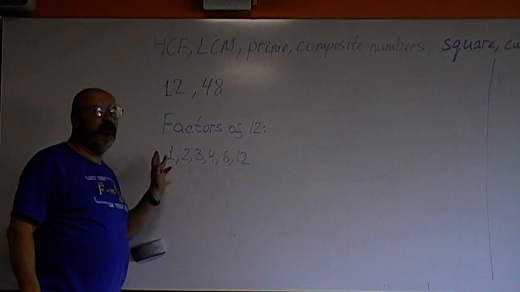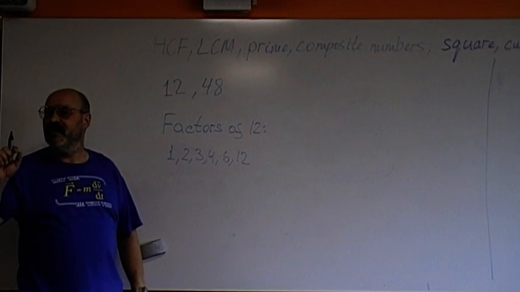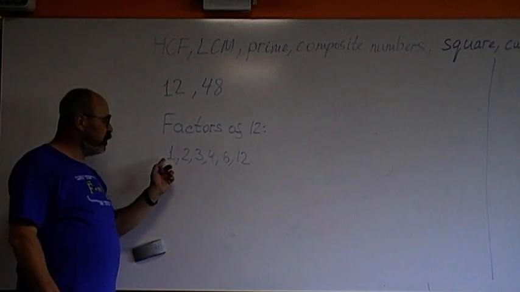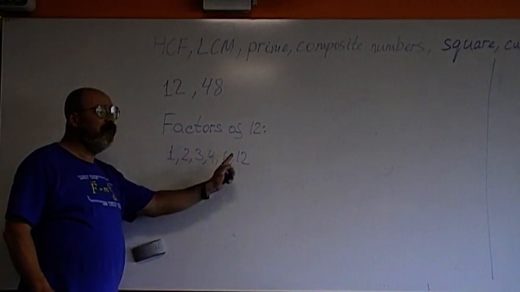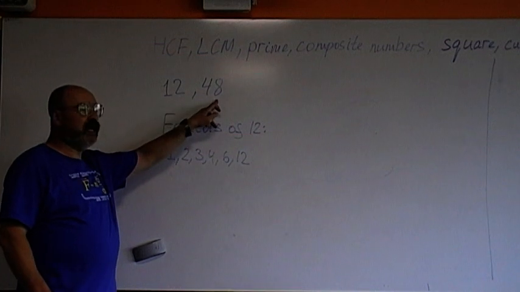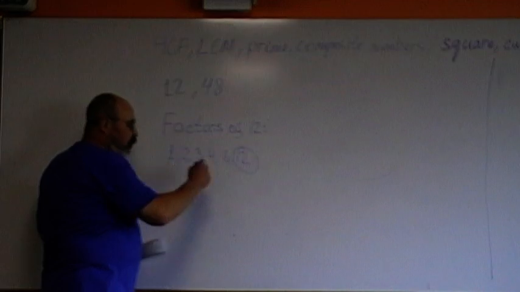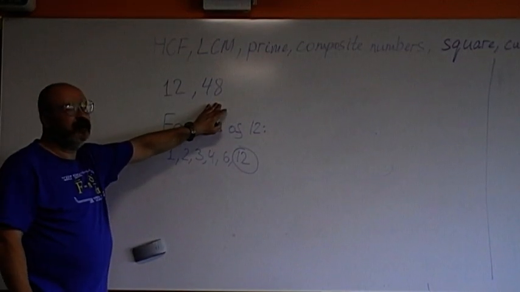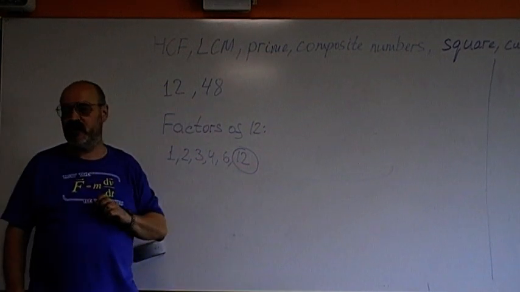Because 12 is divisible by 1, by 2, by 3, by 4, by 6. Which of those numbers is also a factor of 48, which is the biggest number? 12. So you don't need to list factors of the bigger number. You list factors only of the smaller number.